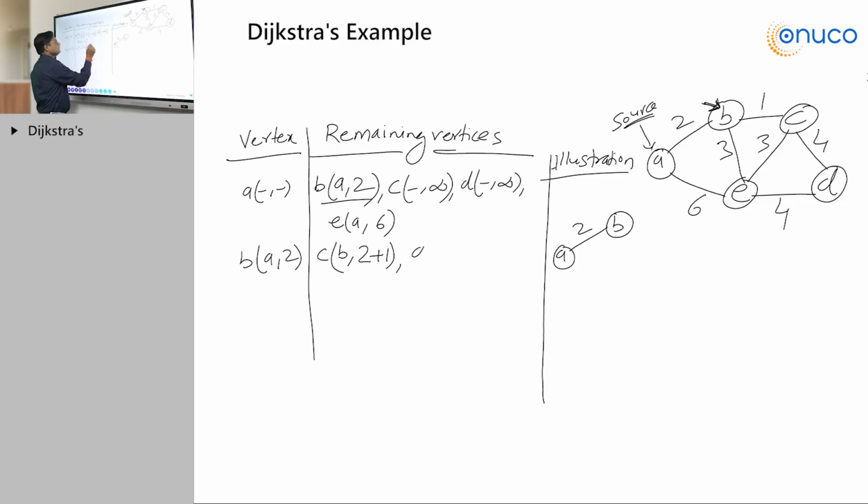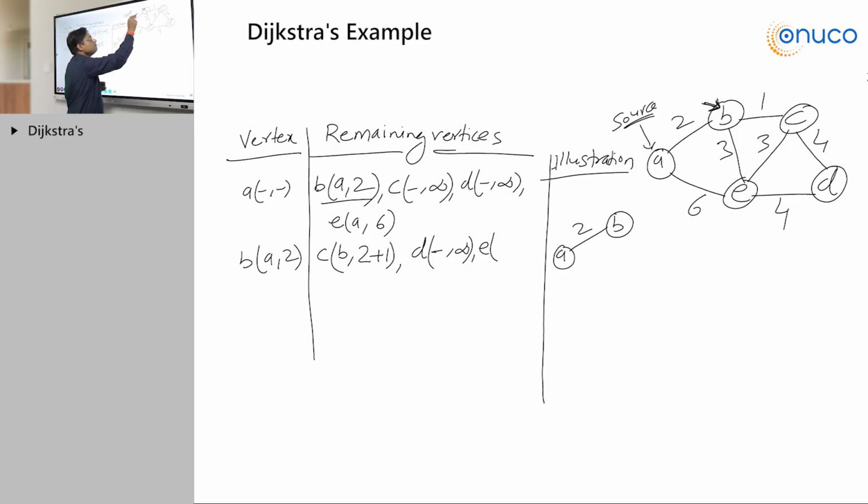Similarly, D. Do you have a direct path from B to D? No. So in this iteration, D will remain unknown, it is infinity. Similarly, now we are at E. Look, A to E, the direct path is 6. All of you please note, A to E direct path is 6.